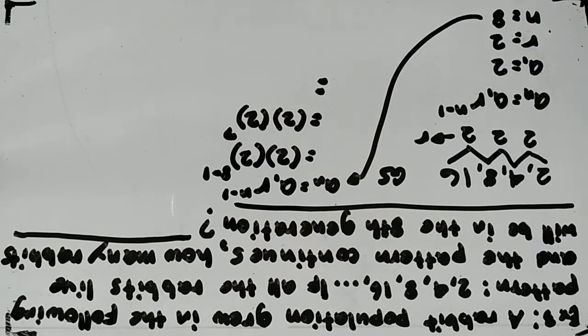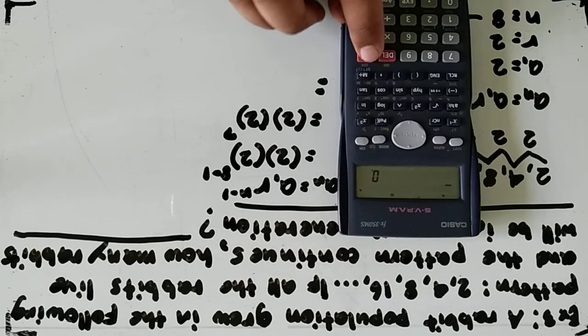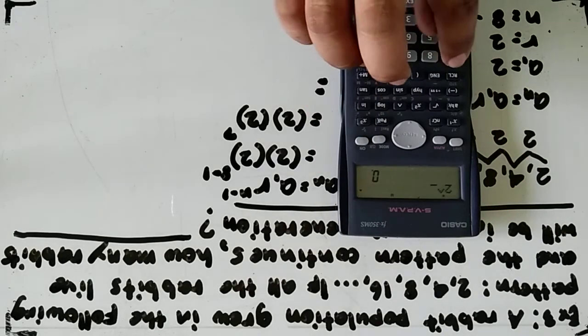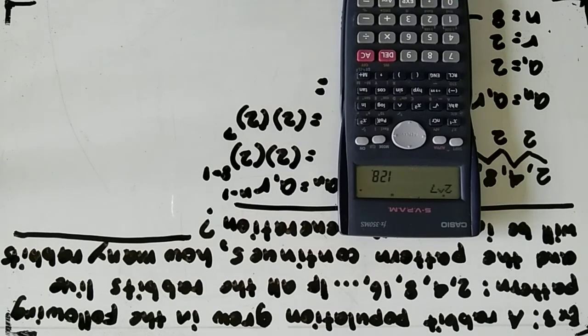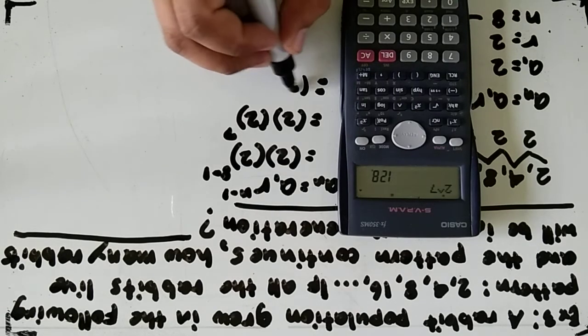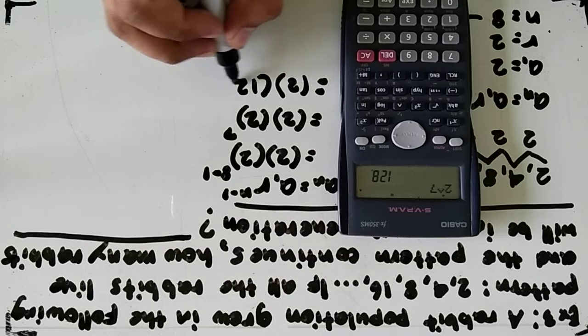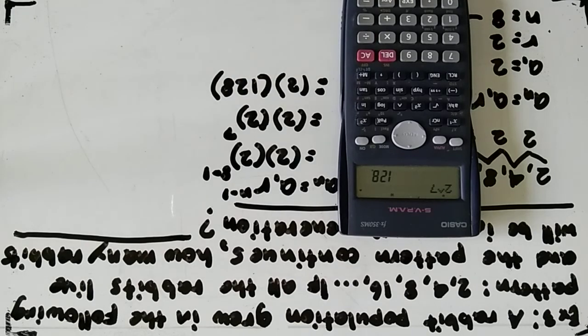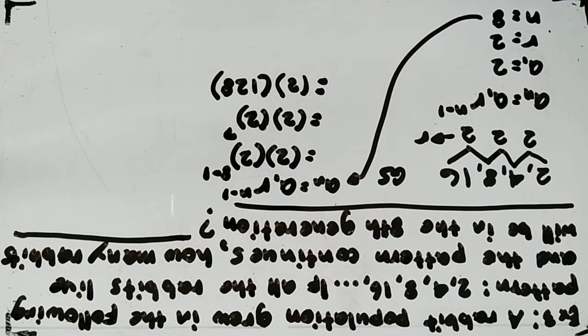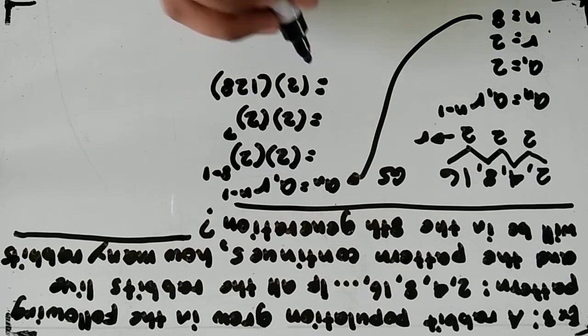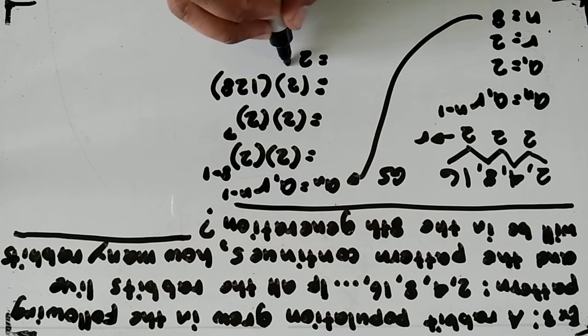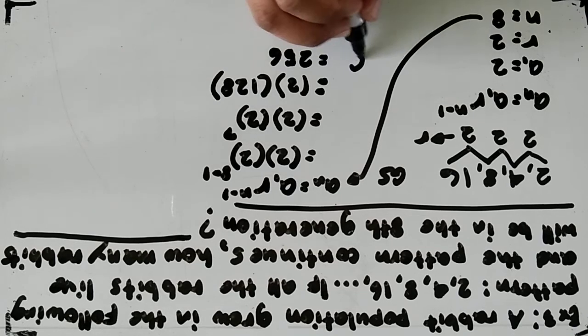Unahin natin yung may exponent. So pwede rin yung gamitan ng calculator. 2 raised to 7 is 128. So 2 times 128, that is 256. So meron tayong 256.